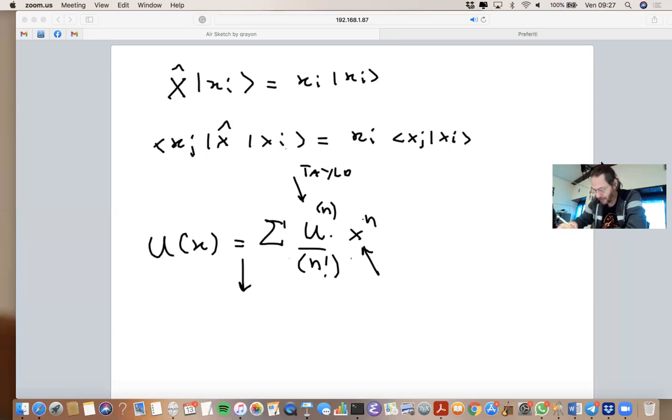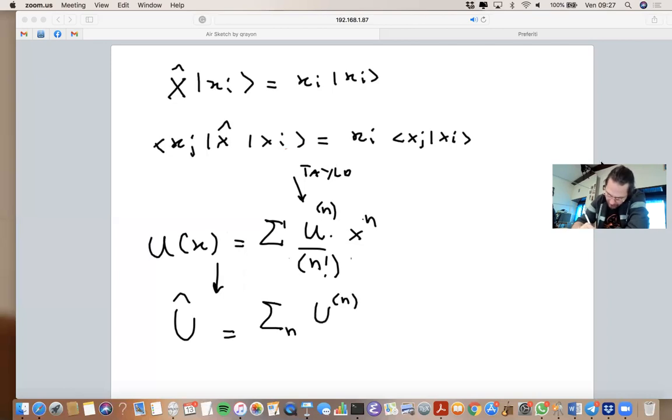And then do the sum. So in other words, if I go to a quantum operator from this function, I build a corresponding quantum operator. This is the nth derivative at some point. This is the factorial. And now this is the corresponding nth power of the position operator.